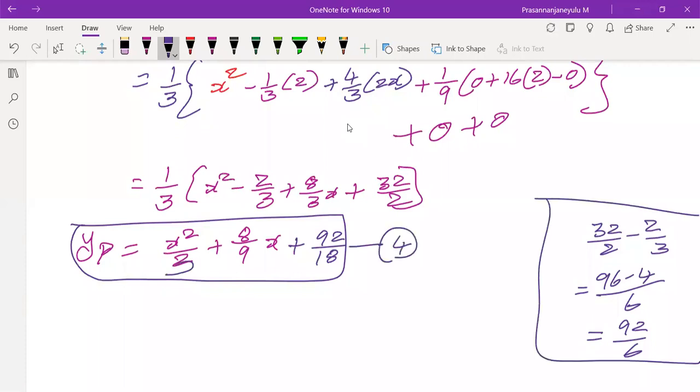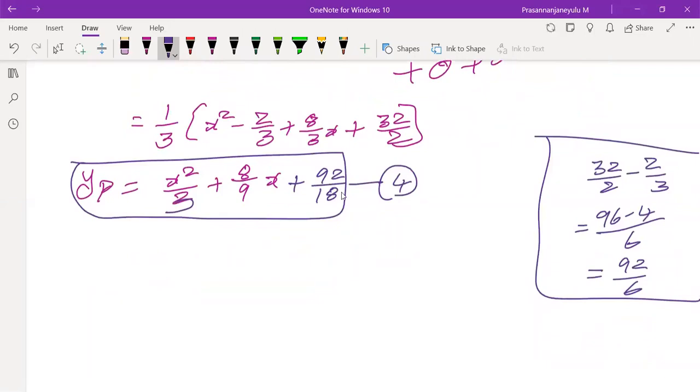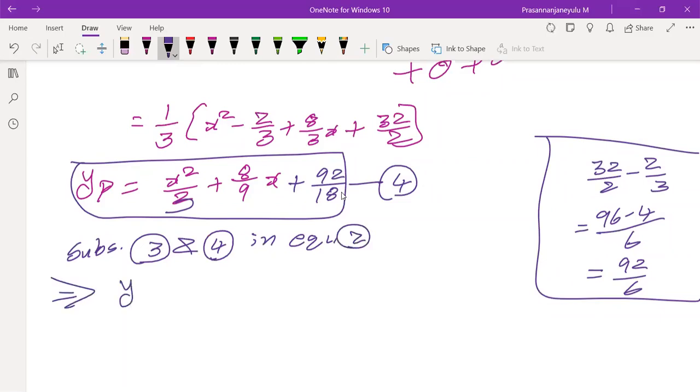Okay, so what is our next step? Substitute 3 and 4 in equation number 2. Then we'll get y equals to yc plus yp.